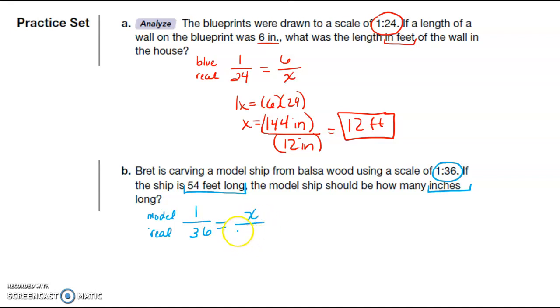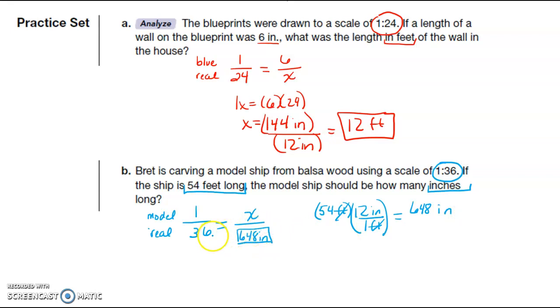But I can't put 54 here because that's 54 feet. I have to convert that to inches. I know that 1 foot is equal to 12 inches. So 54 times 12 is 648 inches.